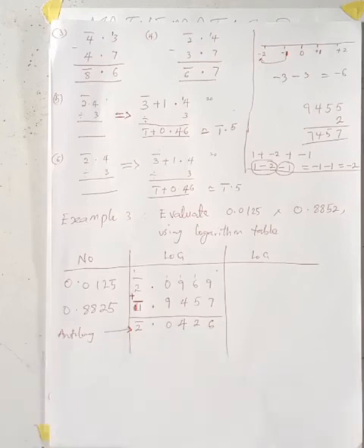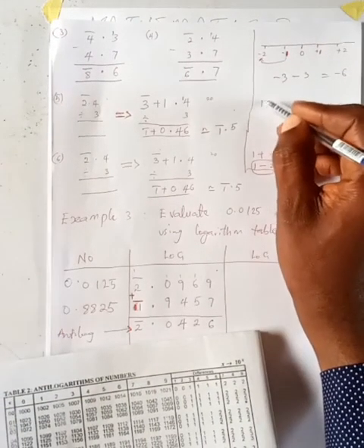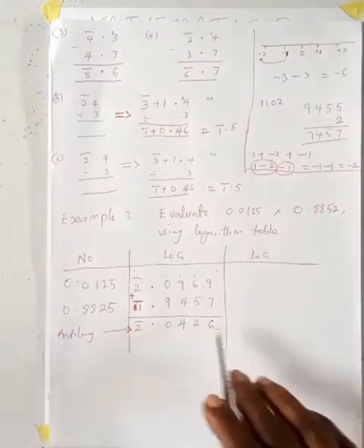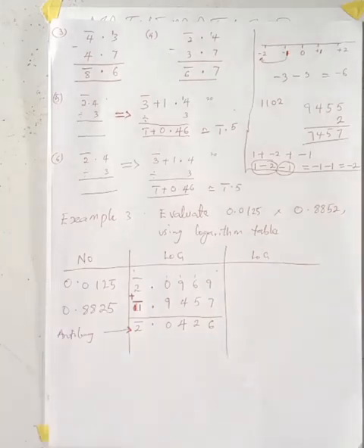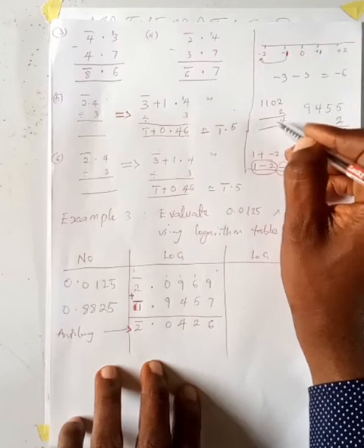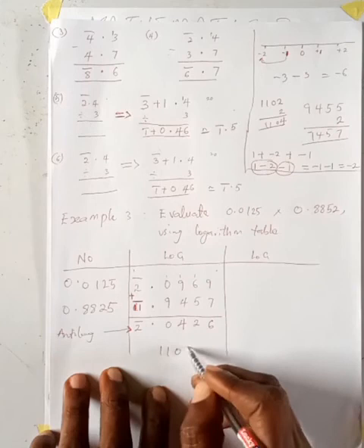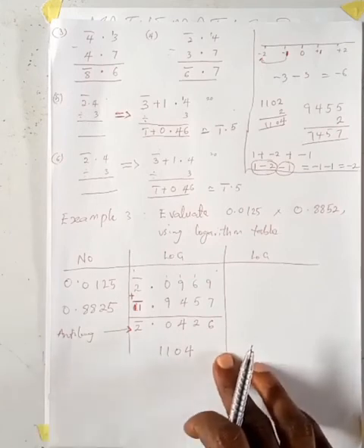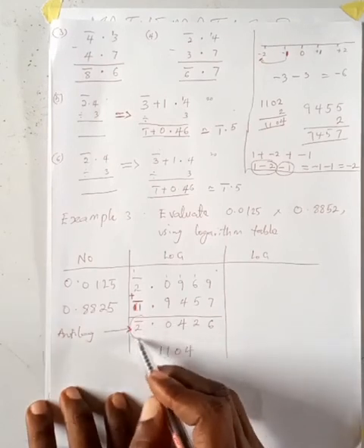And by my antilog table here, 0.04 is this under 2, that is 1102 with the difference of 6. Difference of 6 is 2. That is 2. Then I will add them together. 2 plus 2 here for 011. That gives what? 1104.